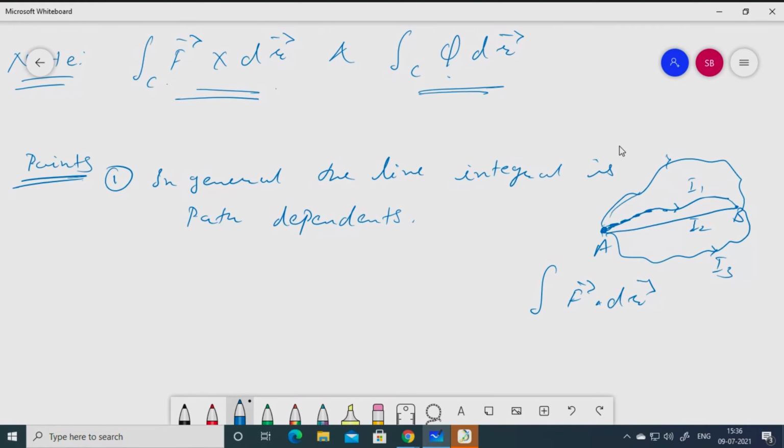For this curve, I'll get some answer, maybe I4. For this curve, I'll get I1. For this curve, I'll get I2. For another curve, I get I3. That means I am getting different values of line integral. Why? Because it is path dependent. Whichever path I am choosing from A to B, the line integral depends on that path.